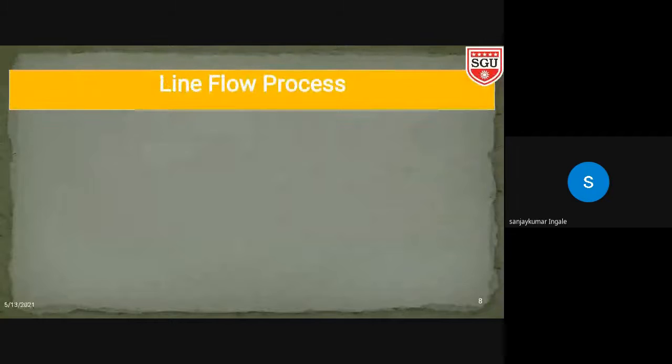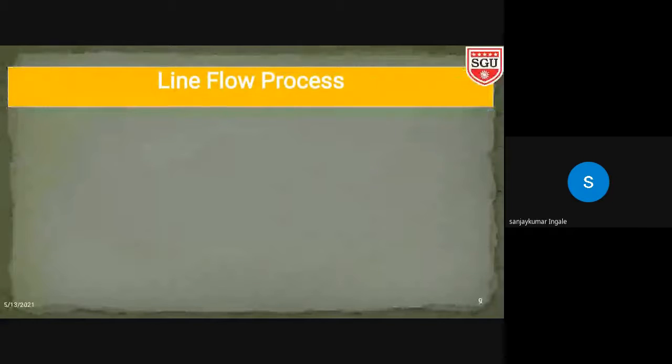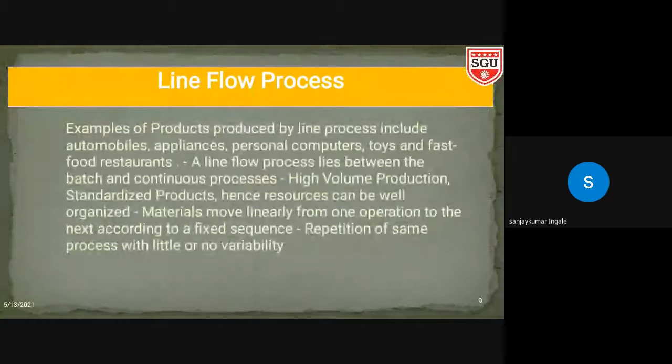Line flow process. This process follows a make to stock strategy. Here, the standard product is held in inventory so that it is ready when a customer places an order. Sometimes this is even called mass production.